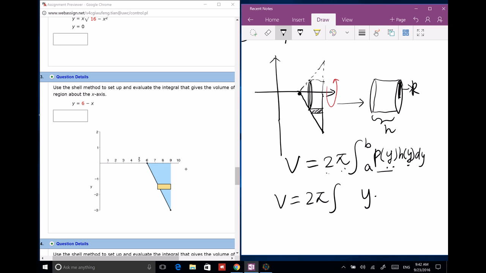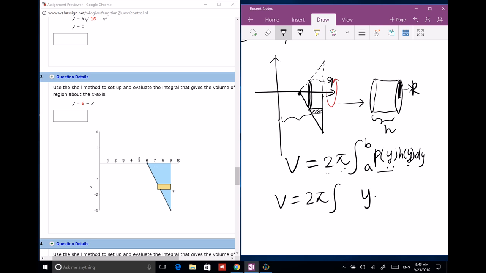The whole thing is 9 here, from the picture you can tell that's 9.